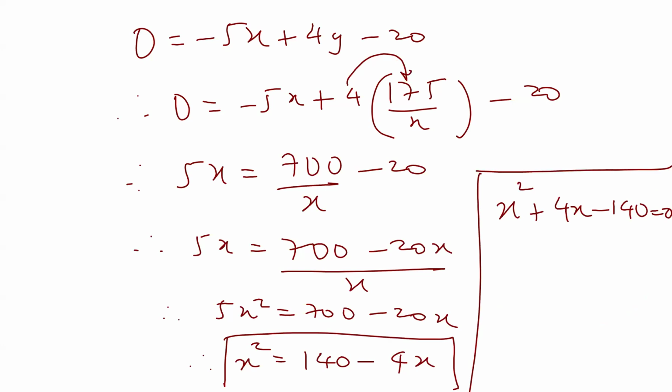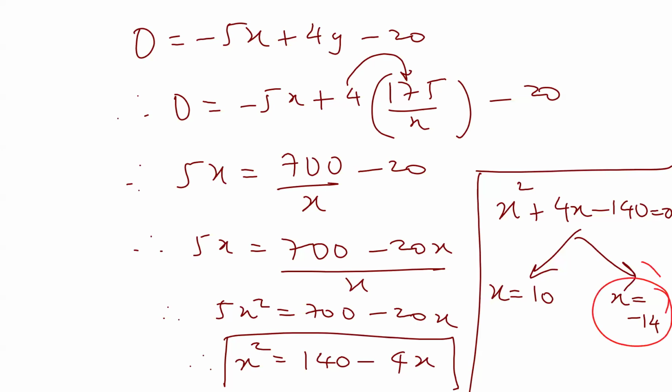So once you solve this quadratic using splitting the middle term or formula method, you will get x is equal to 10 or x equal to minus 14. Negative value will discard, because x is in meters, so x cannot be negative.